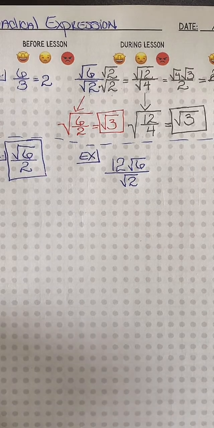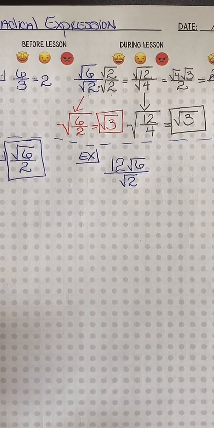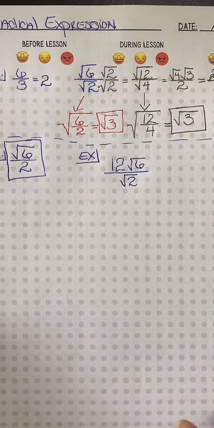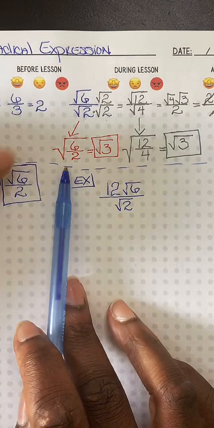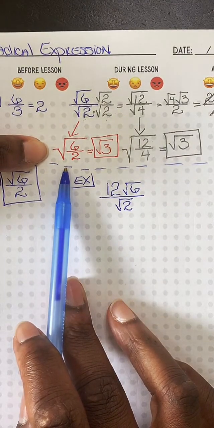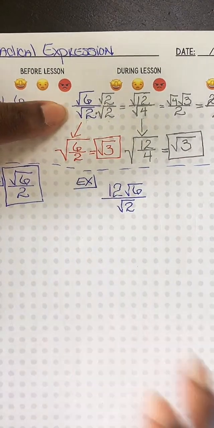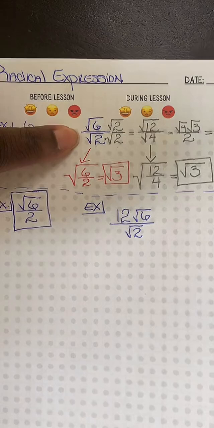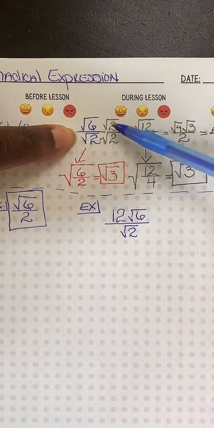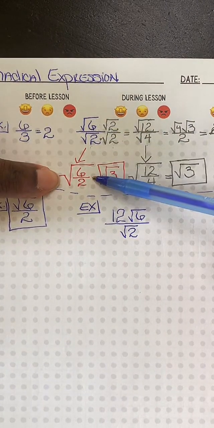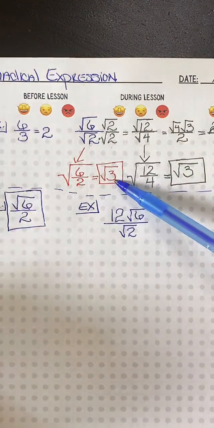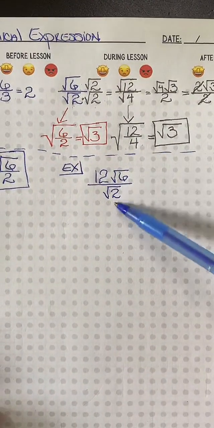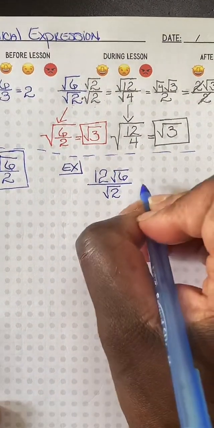Okay. Think about it. It kind of gave you a little bit of a hint. Because it's the same exact thing that we got here with that square root of 6 over square root of 2. This thing up here. And then I said we can put it underneath their own square root. Which, if I just do the division of 6 and 2, I'm going to get the square root of 3. We got the same thing happening over here.